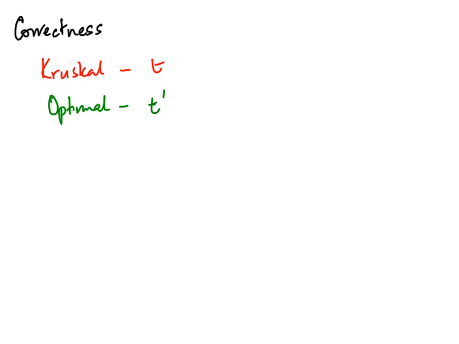So let's assume that the tree that we got from Kruskal's algorithm has a set of edges E of T, and the other one has a set of edges E of T prime. E of T prime is the set of edges in this optimal solution which came from somewhere else, and Kruskal has produced T, and our assumption is that T is not equal to T prime, so the edge sets are different. If they're the same, then there's nothing to prove.